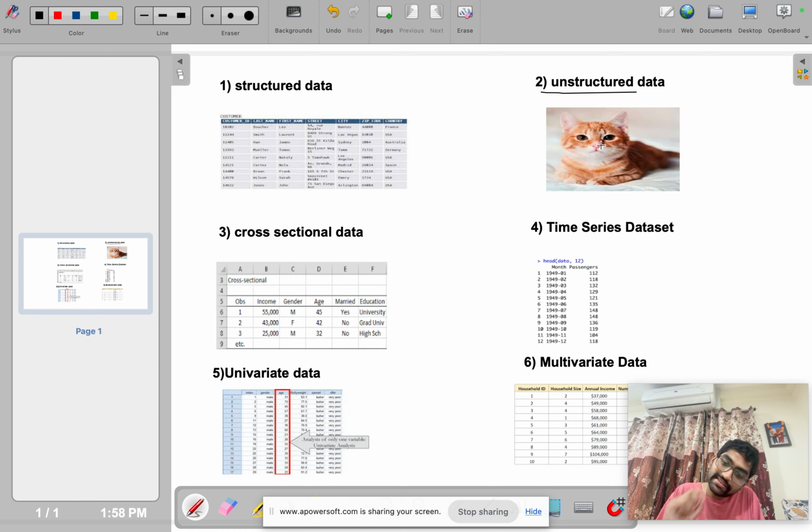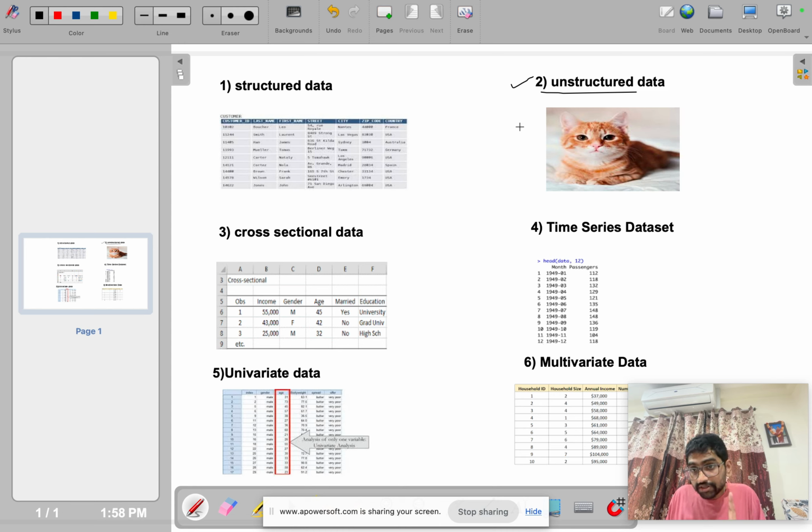One more example of unstructured data is when you are using ChatGPT. In ChatGPT you are prompting something, so that prompt is also unstructured data, because that prompt is not in a proper sequential order or in proper row and column order. That is why working with images and working with text all come under unstructured data.